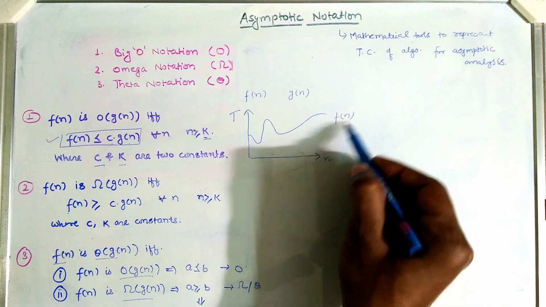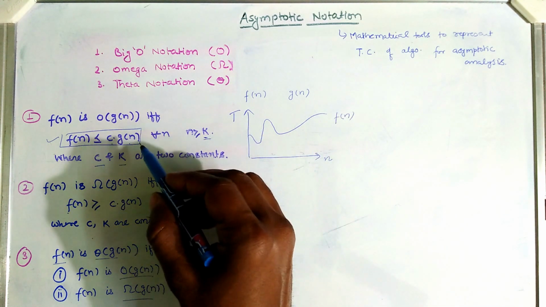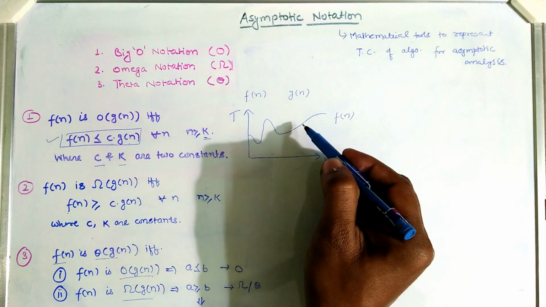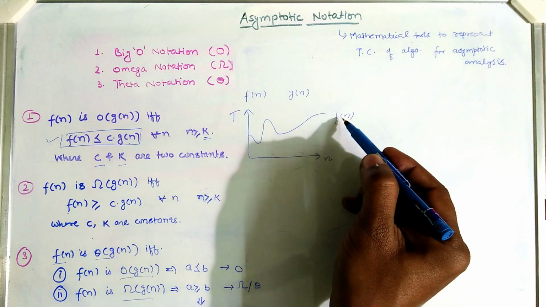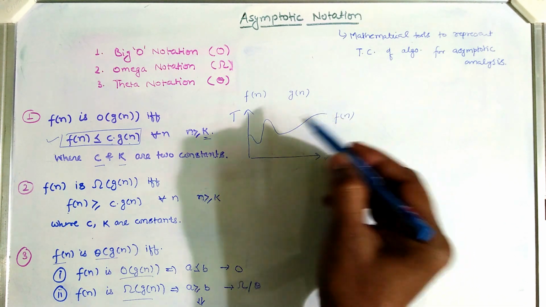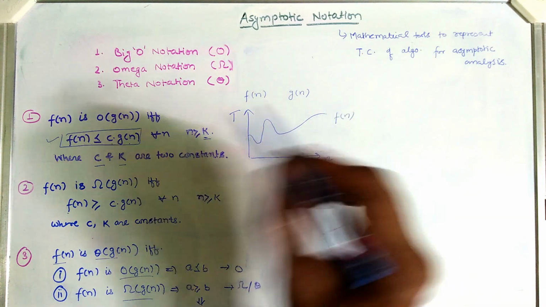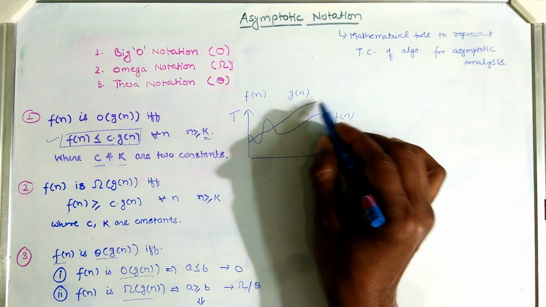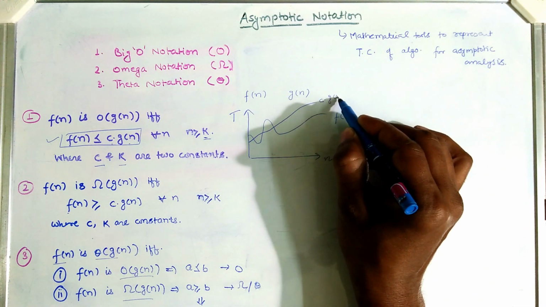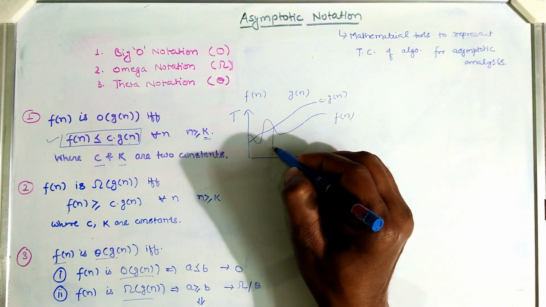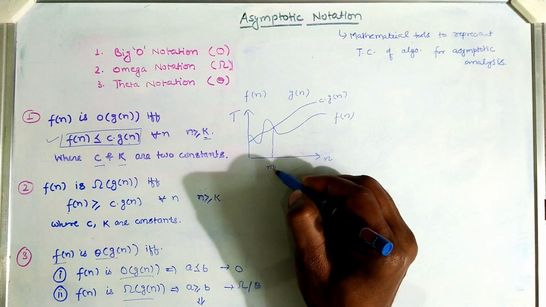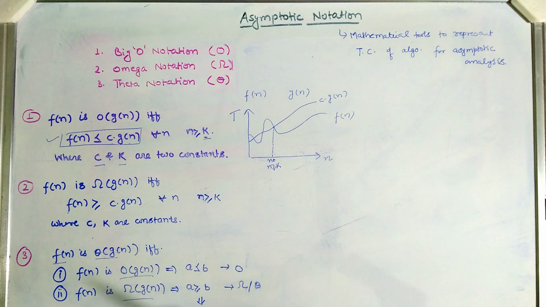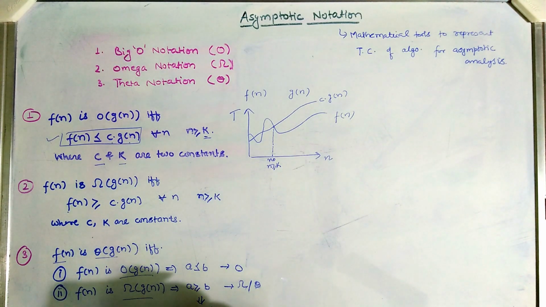For this condition to hold, I need a function c times g(n) which always gives an upper bound for f(n) for n greater than or equal to k, or some n-naught.